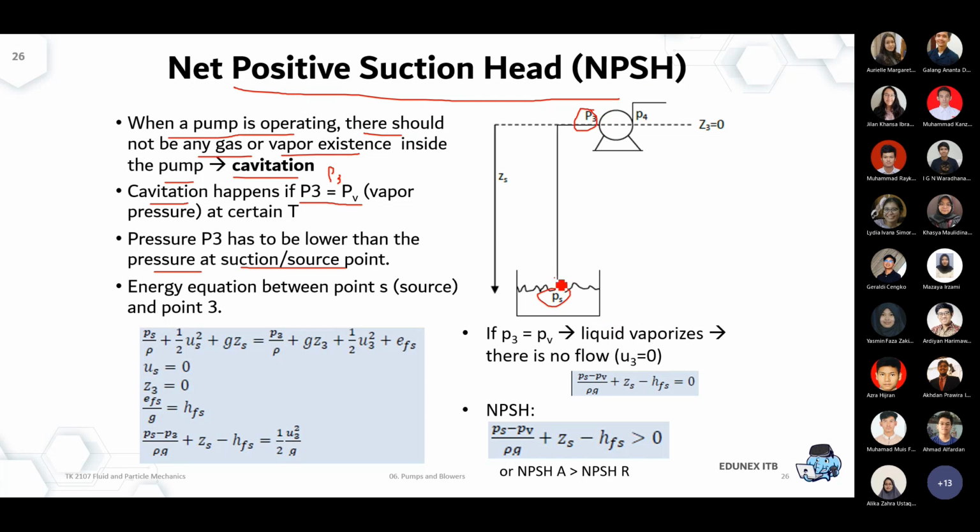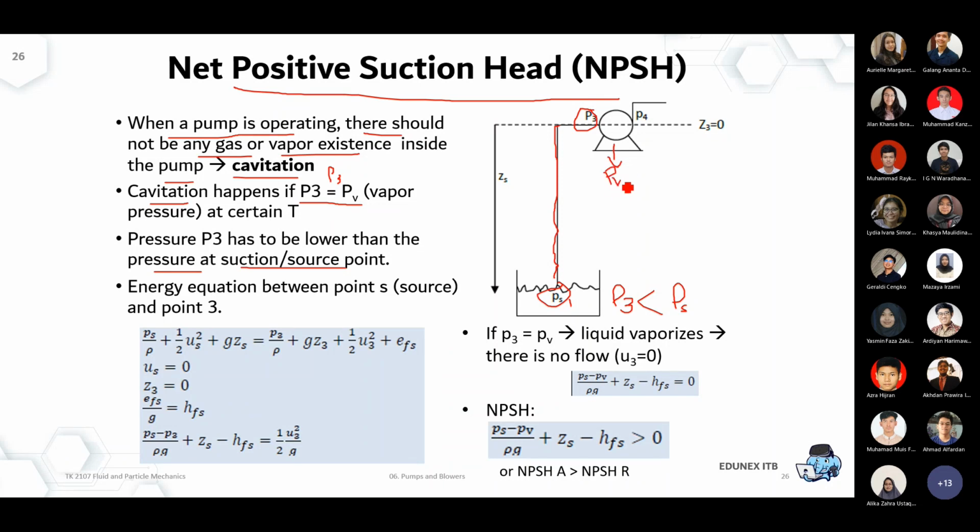It's straightforward. You don't have any pump here, so no pressure is generated, but you have friction from S to 3, or 1 to 3. So of course P3 will be less than PS, or P1 in the previous slide. But the constraint here is the vapor pressure.